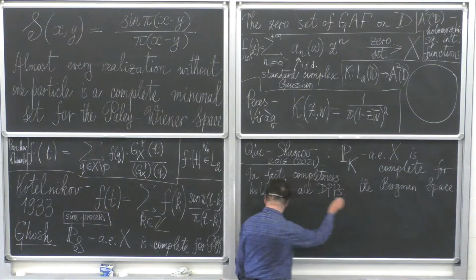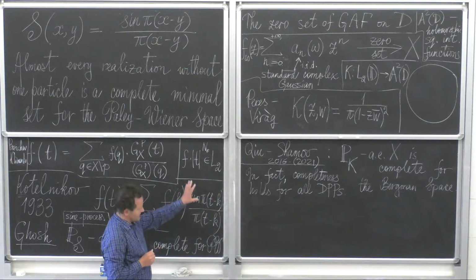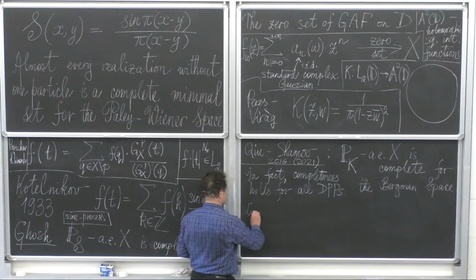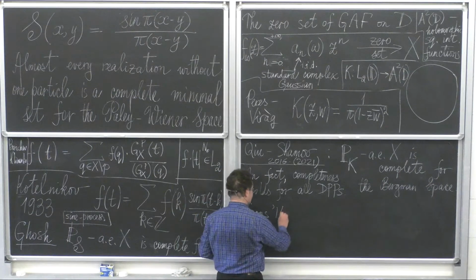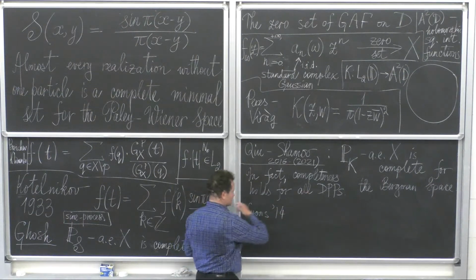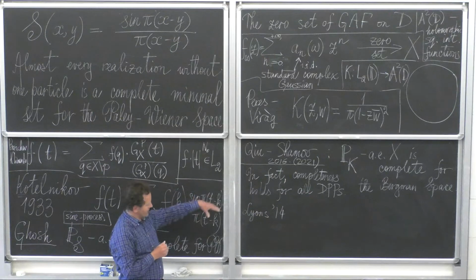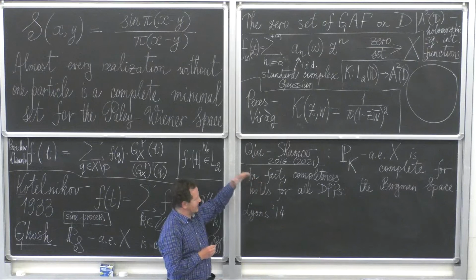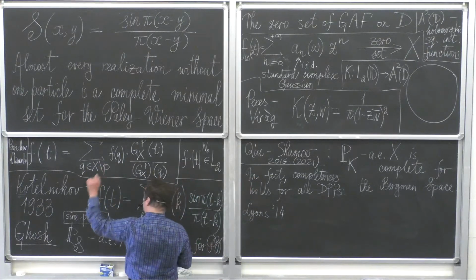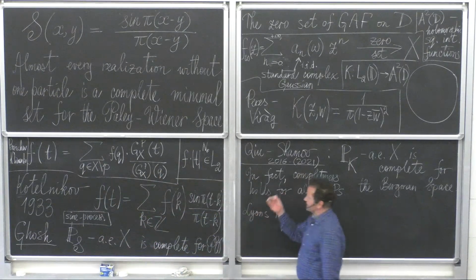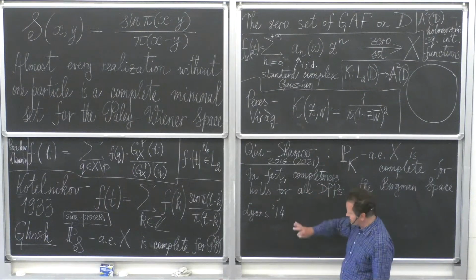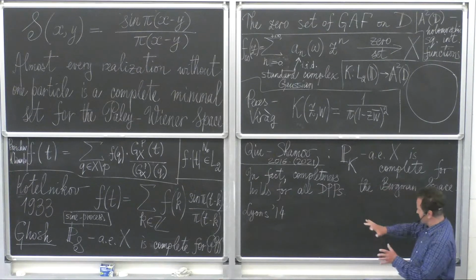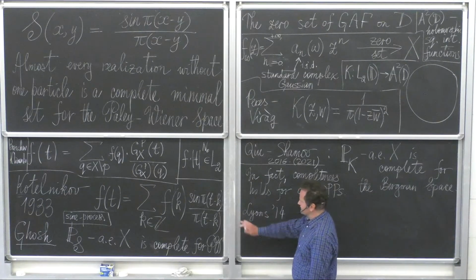So I should say that this statement has a certain history. It was proved by Lyons in discrete setting in 2014, and this statement was also formulated by Lyons as a conjecture, and in fact, Ghosh proved it under an additional assumption, so-called rigidity, which maybe I will say later as the talk advances, but let me not stop on this right now.